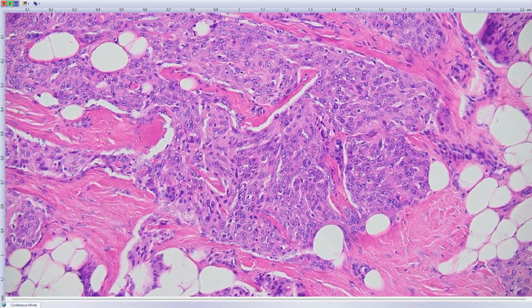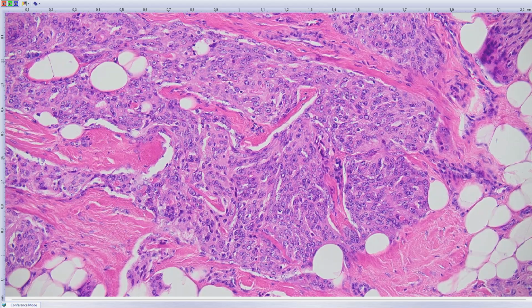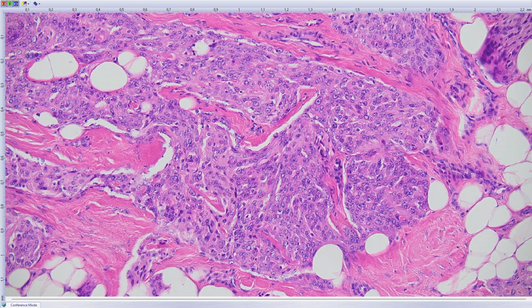So histologically, already this tumor shows some atypical features. Okay, it shows so-called sheet-like or diffuse growth pattern. So it's not that whorled or nested growth. Moreover, it has quite prominent nucleoli.